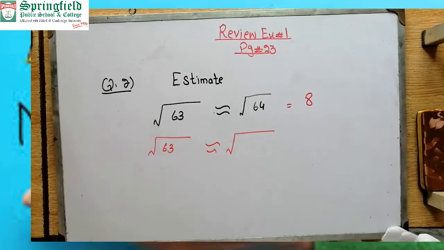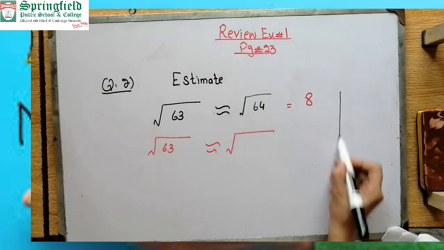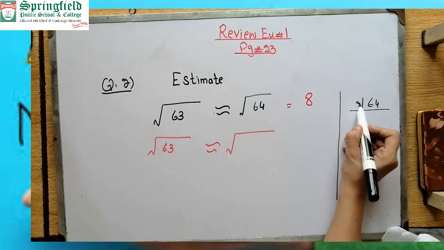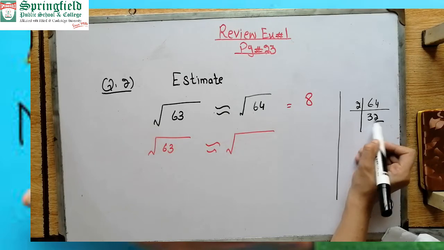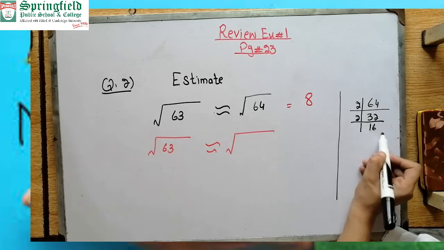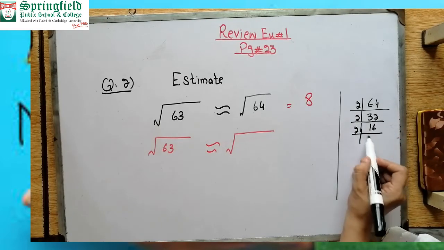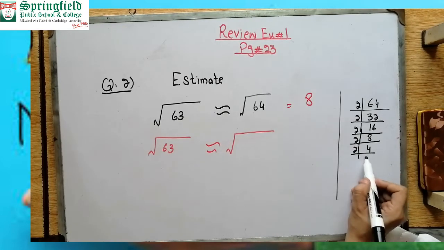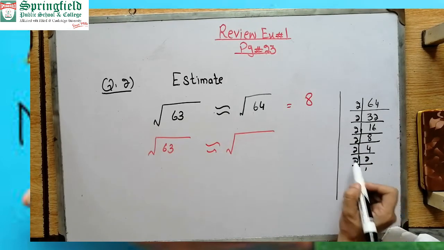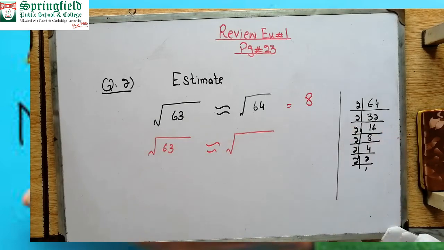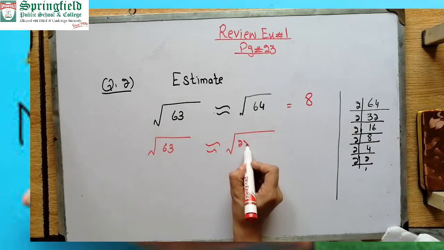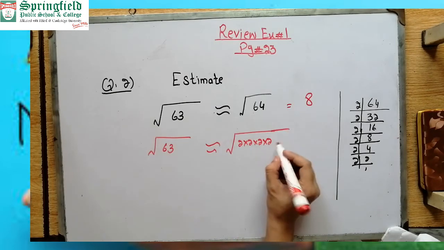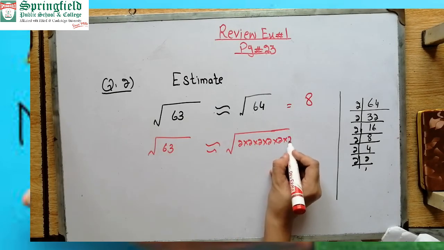So 64, table of 2: 2 3s are 6, 2 16s are 32, 2 8s are 16, 2 4s are 8, 2 2s are 4 and 2 1s are 2. So 2 appears 6 times.